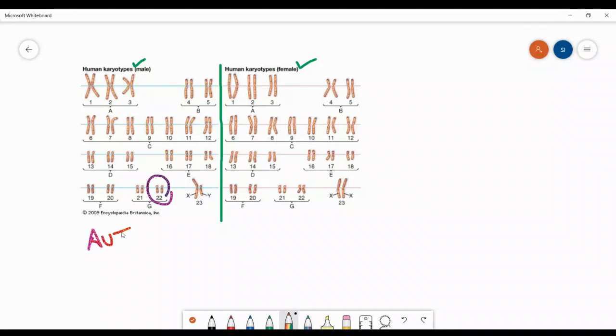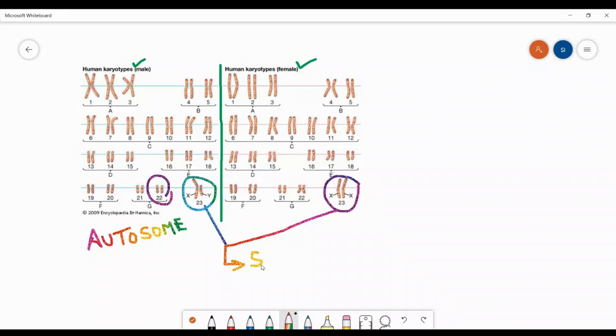These are chromosomes which contain genetic information about all the cells of the body except the gender determining gamete cells or sex chromosomes.